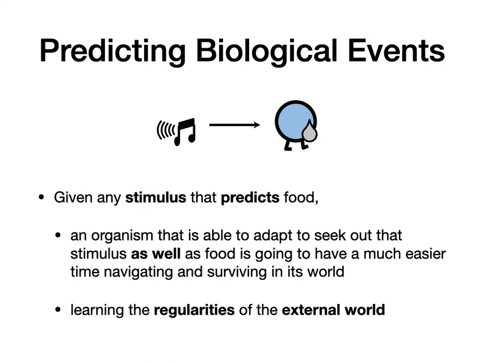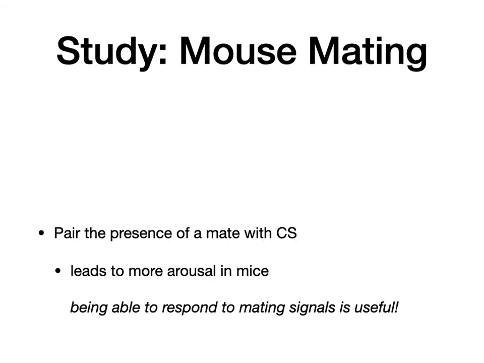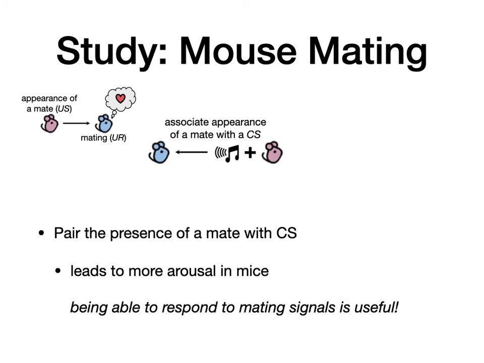Here's an example, a mouse mating study. So if you pair the presence of a mate with a conditioned stimulus, so the blue mouse is excited by the presence of a pink mouse, right? Pair that association of the pink mouse's appearance to a sound, and the blue mouse actually produces an increased arousal, right? So the mouse is even more ready to go, right?